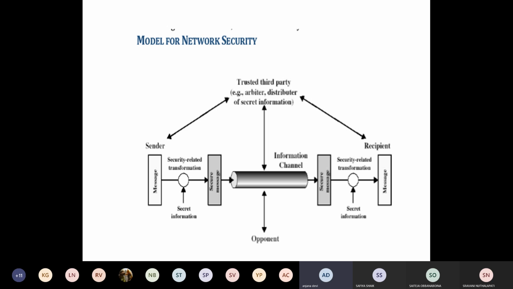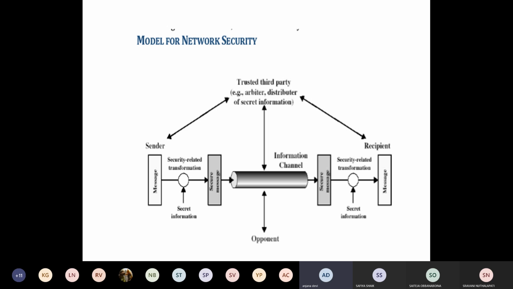See, this is the model for network security. If a sender is sending some message, please observe this image. He is the sender, and this person is the network recipient.